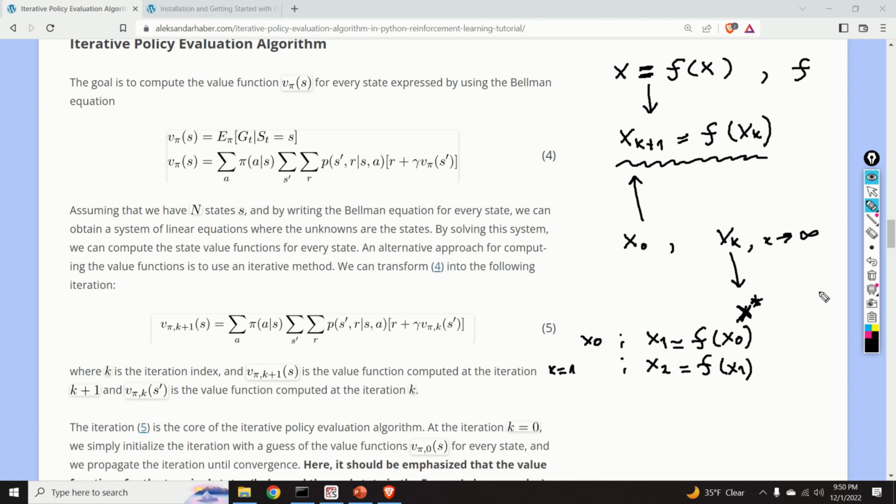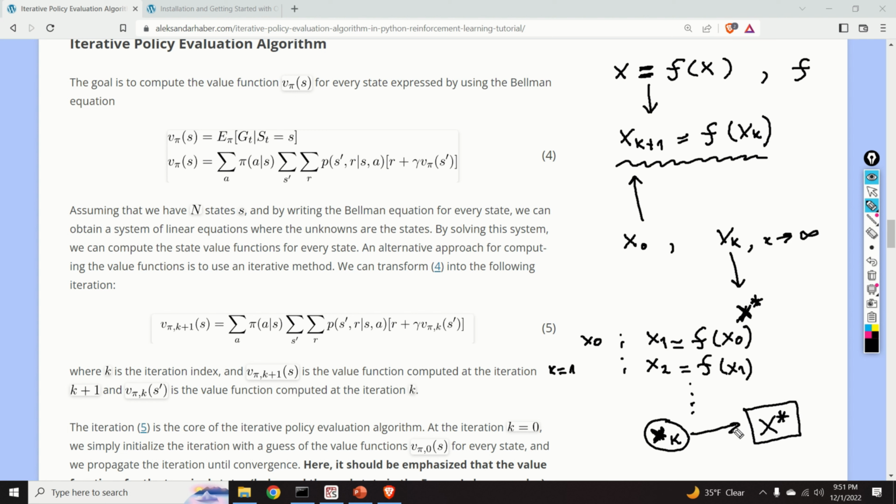And we continue this process, and for sufficiently large k, our x k will converge to the true solution.